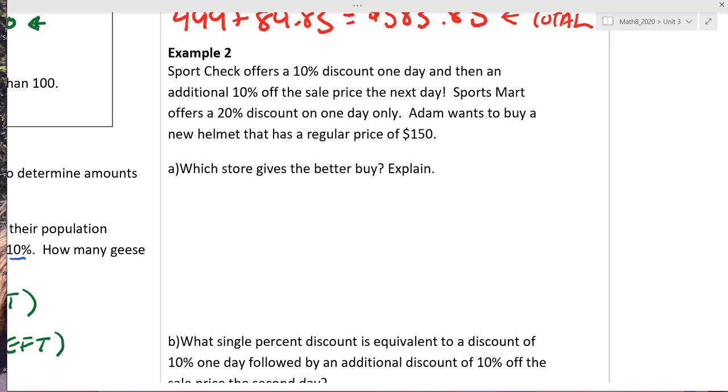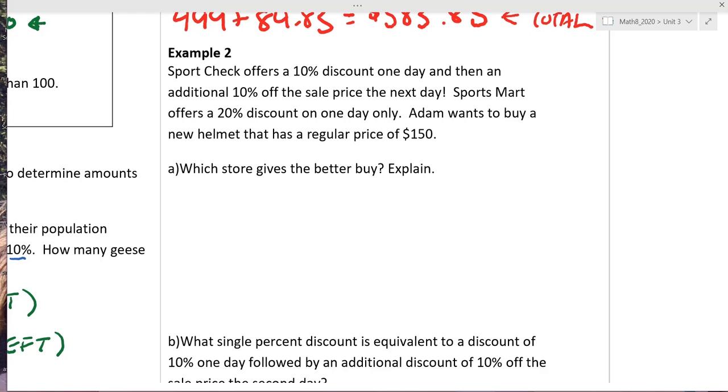Sports Check offers a 10% discount one day, then an additional 10% off the sale price the next day. But SportsMart offers a 20% discount for one day only. So Adam wants to buy this new helmet for $150. Which store gives the better deal?